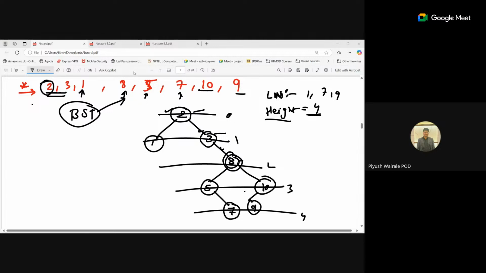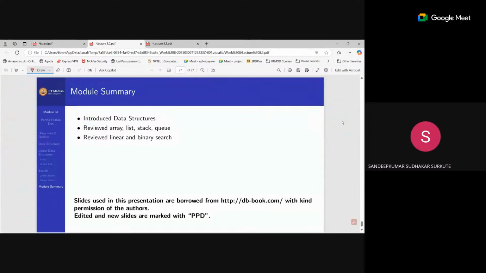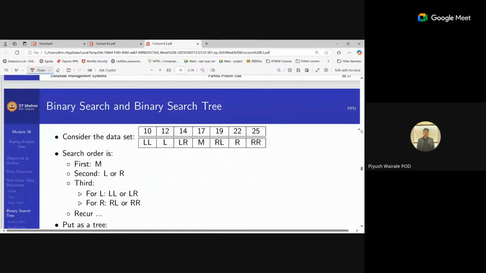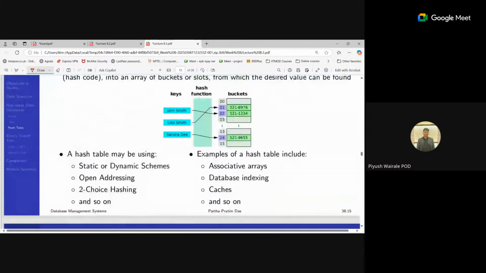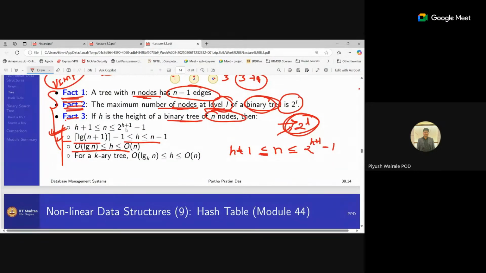Okay. But then if height is not going to change, then our formula h plus 1 becomes just h. If the root node is 1, that will change, no?